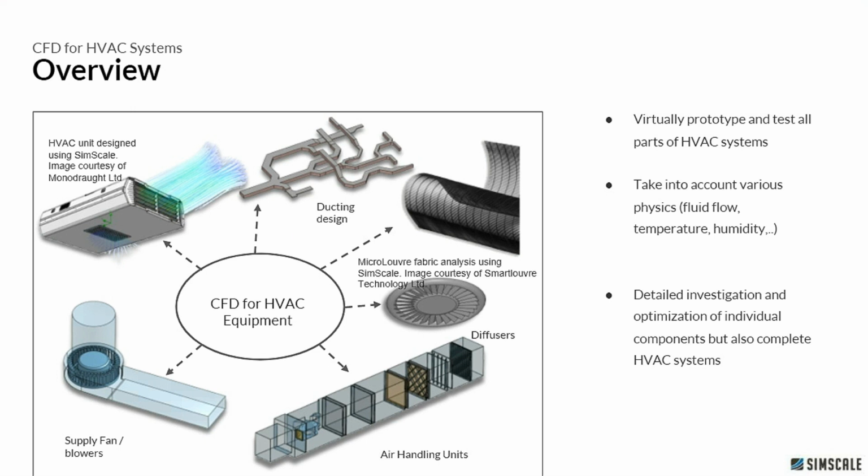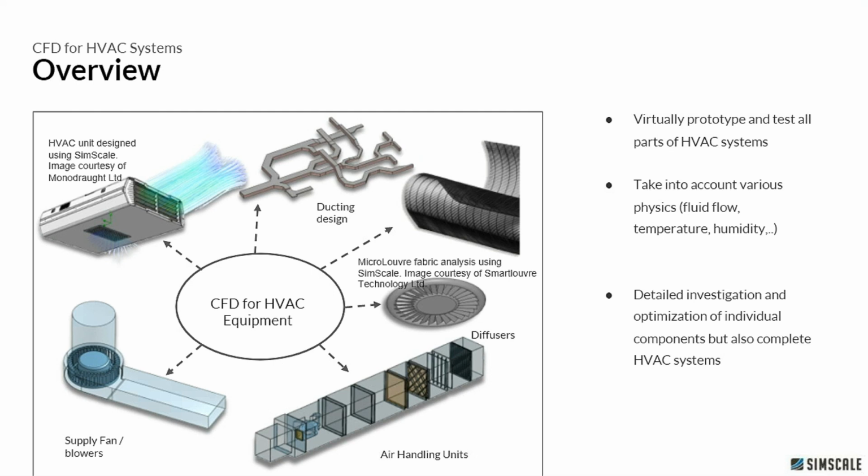Additionally, components that often play a role and need to be optimized in a specific configuration are diffusers, air inlets into the rooms, or complete air handling units, which we see on the bottom right. They have different components, cooling components, heating components, performance for filtration, and so on.